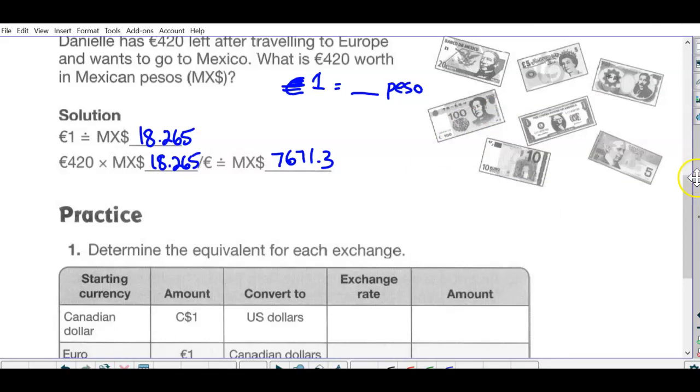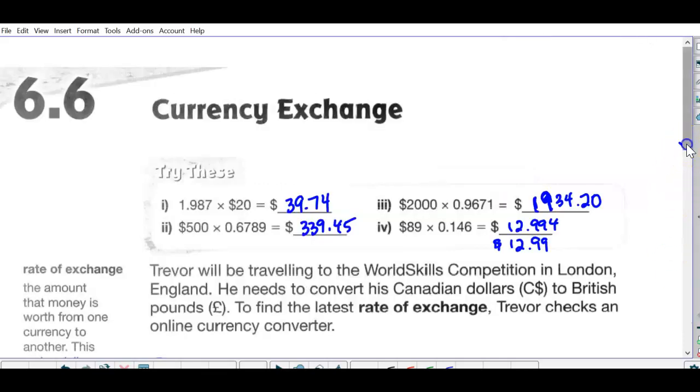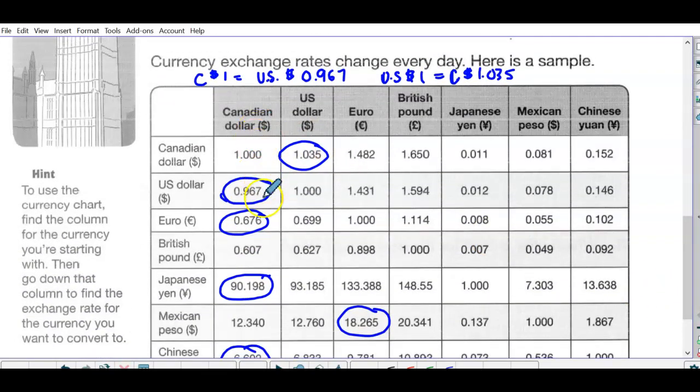Okay, and then just for the practice here, the first one, determine the equivalent for each exchange. So basically this is copying this out from the first page. So if we want to start in Canadian dollars and convert to US, we're going to use Canadian dollars to US 0.967.